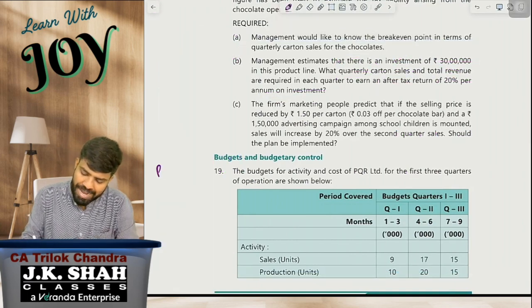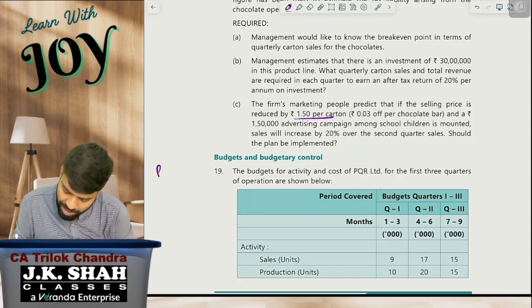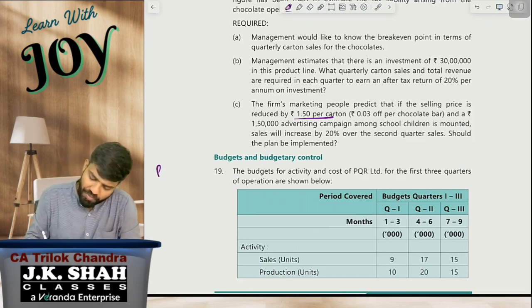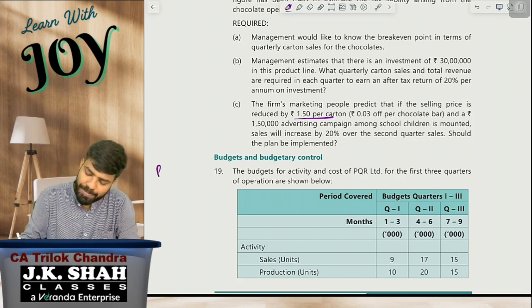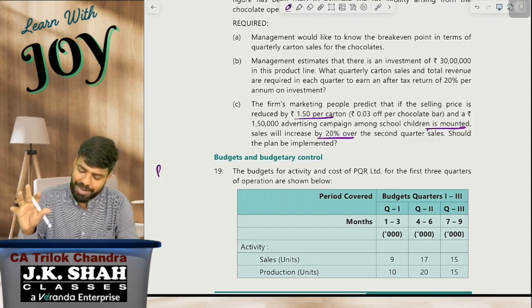The firm's marketing people predict that if the selling price is reduced by 1.5 per carton, that is 0.03 per chocolate bar, and a 1,50,000 rupee advertising campaign among school children is mounted, sales will increase by 20% over the second quarter sales. Should the plan be implemented?